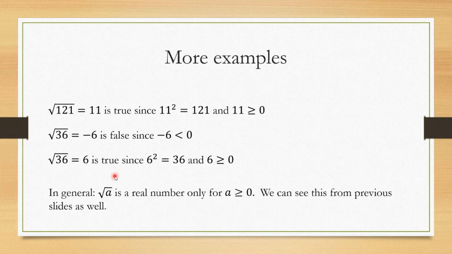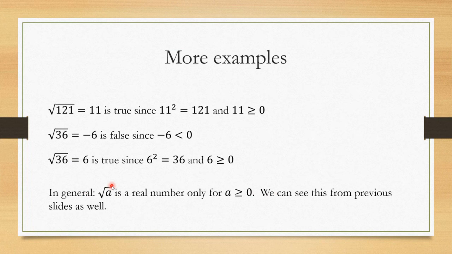Now, this is just something else that came up that it's good to know. The square root of something is only going to exist if the radicand is non-negative. Since we're only dealing with real numbers, we're only taking the square roots of non-negative numbers. So radicands here can only be non-negative for square roots.